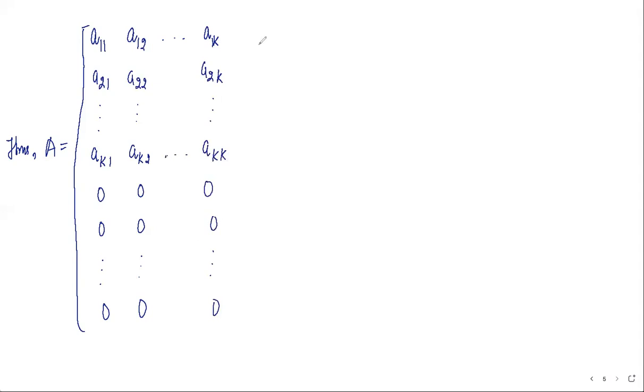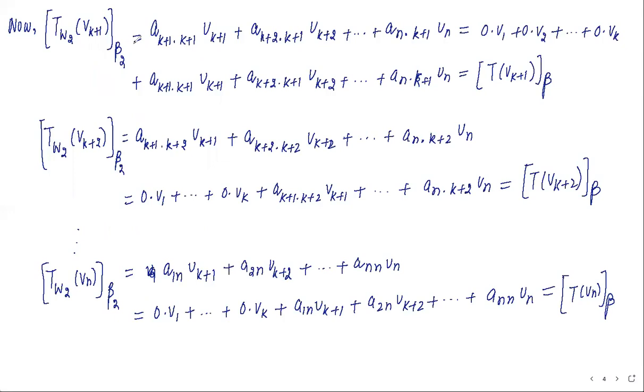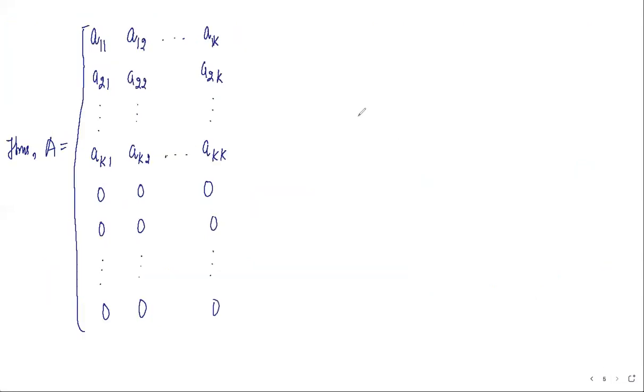Now the next column is the coordinate vector of T of v_{k+1}. Now we can see that the coordinate vector of T of v_{k+1} has first k coefficients equal to 0, and the remaining are in this way. So therefore we have 0, 0, so on, 0. Then here we have a_{k+1,k+1}, then a_{k+2,k+1}, and so on, a_{n,k+1}.